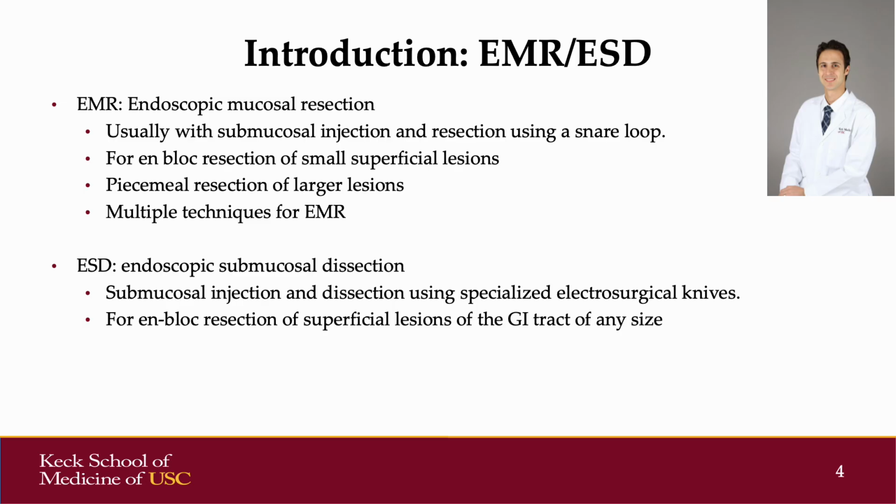There are multiple different techniques for EMR. ESD stands for endoscopic submucosal dissection and involves submucosal injection of fluid and dissection using specialized electrosurgical knives. This is very useful for en-bloc resection of superficial lesions of any size in the GI tract.